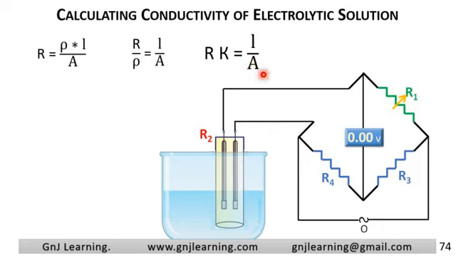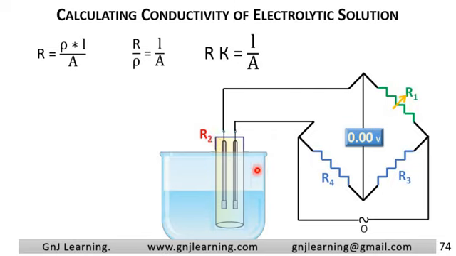And as we discussed, both L and A are difficult to determine. But L and A, if it is there, it will be a constant for this conductivity cell, isn't it? Yes, L and A, it is difficult to determine, but if it is there, it will be a constant, because I can measure the conductivity of all the electrolytic solutions using this conductivity cell.